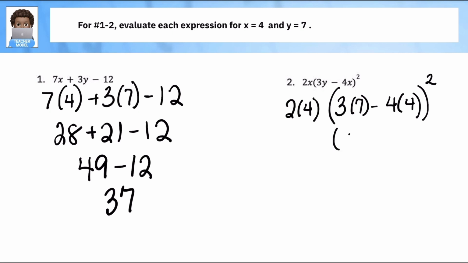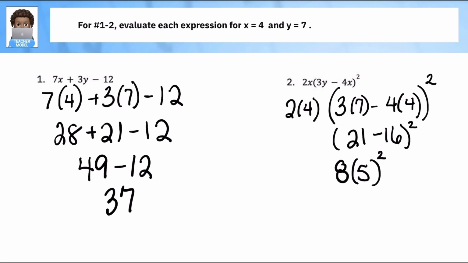So in my parentheses, I have 3 times 7 is 21, minus 4 times 4 is 16. Okay, so 21 minus 16 is going to give me 5. So there's just 5 in the parentheses. And on the outside, I have 2 times 4, which is just 8.